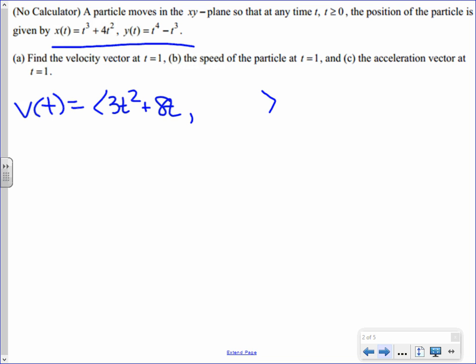And the derivative of the vertical component? That's 4t cubed minus 3t squared. That's not quite as nice, is it?